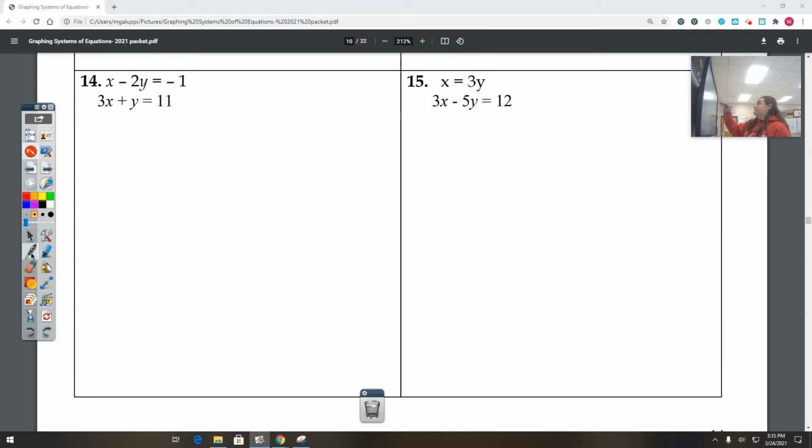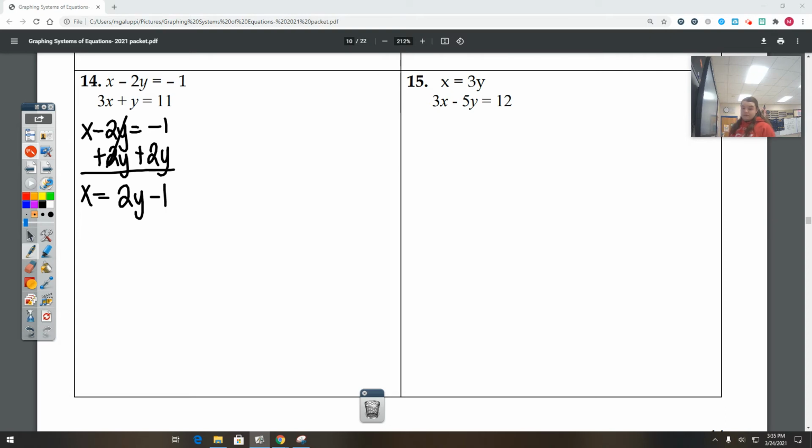If I take my first equation, x minus 2y equals negative 1, in order to get that x alone, I need to move the minus 2y to the opposite side. So I'm going to do the opposite and add 2y to both sides. When I do that, I get x equals positive 2y minus 1.